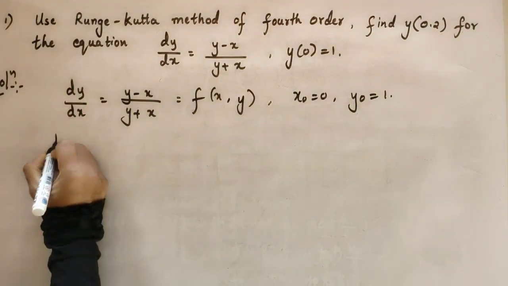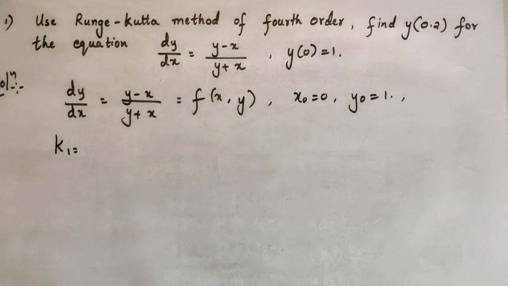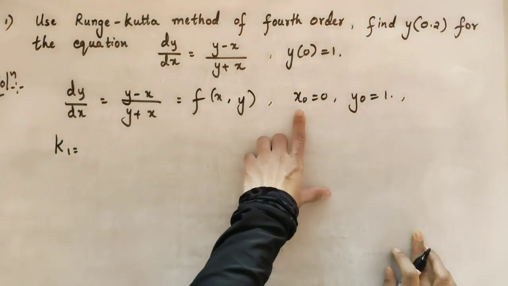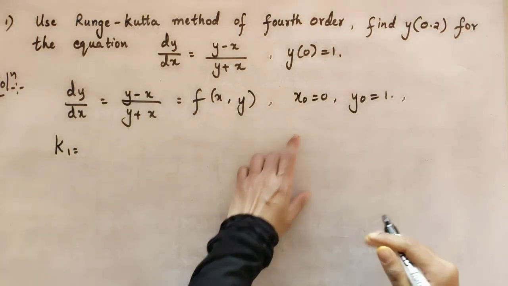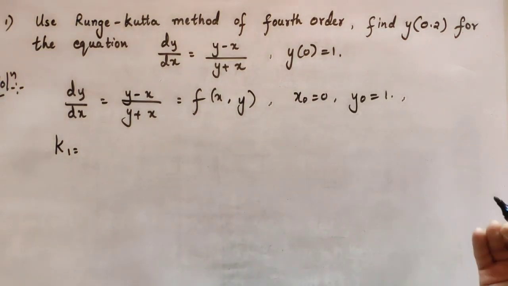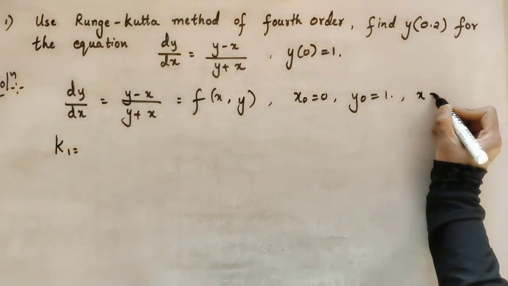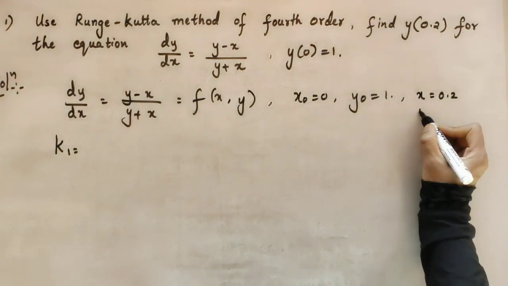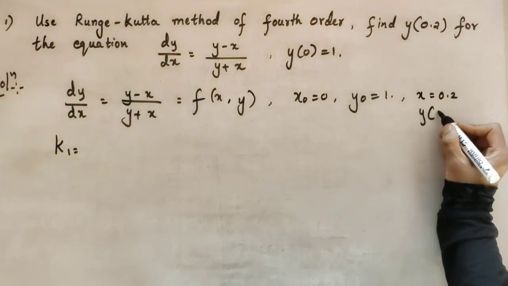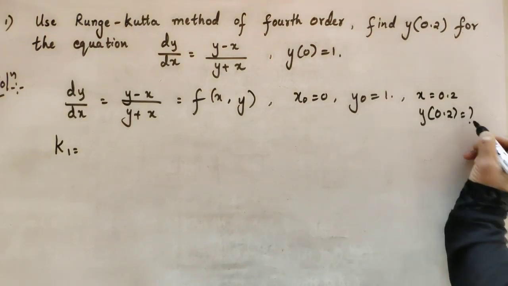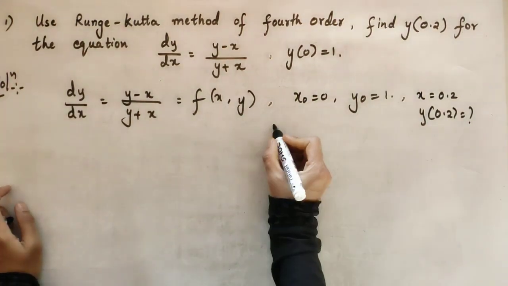So let's work for the values of k1, and moreover look at the value which we have to work for. Your initial value for x is 0, right? And at what value of x are you working for y? Y of 0.2 you are supposed to work, meaning you are working for x is equal to 0.2. So you have to get the value of h from here.